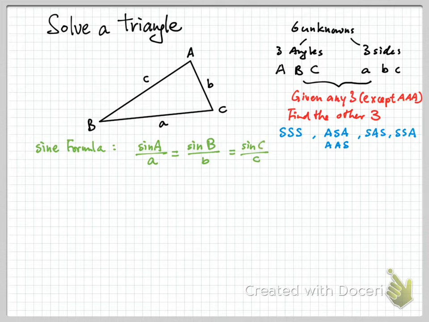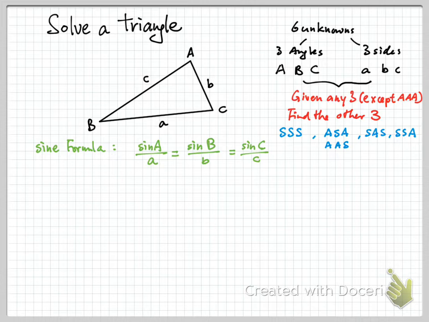It does not apply across triangles. So it's easy to state: sine A over a is sine B over b is sine C over c. Every time we just use one pair, maybe this pair, or maybe A and C. So this is the sine formula.